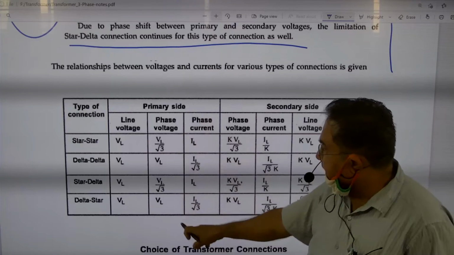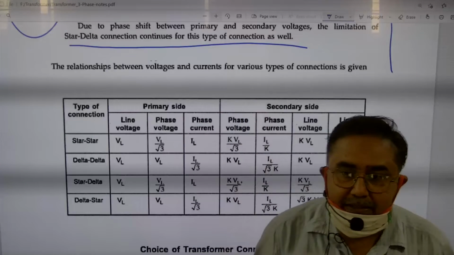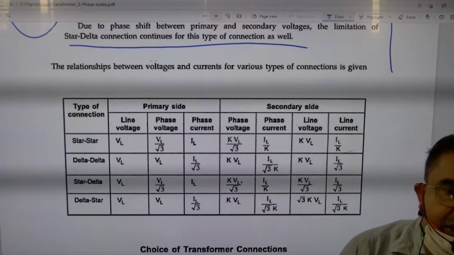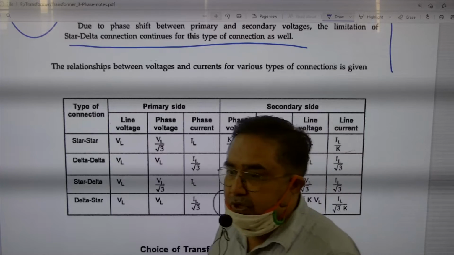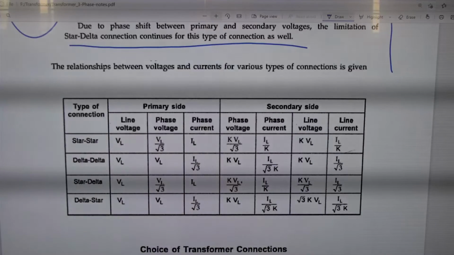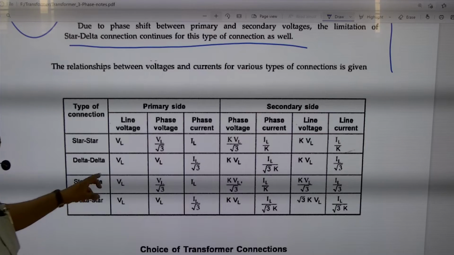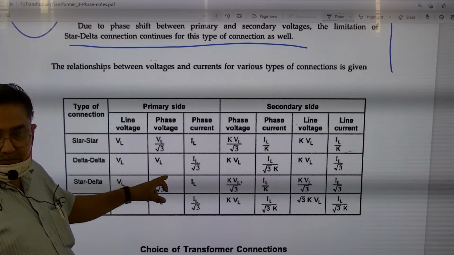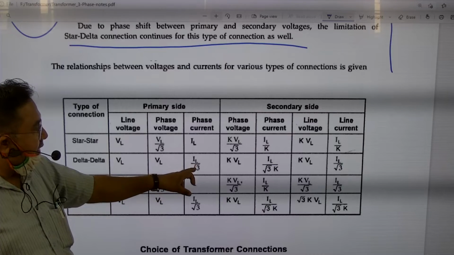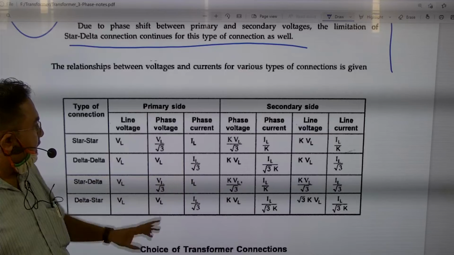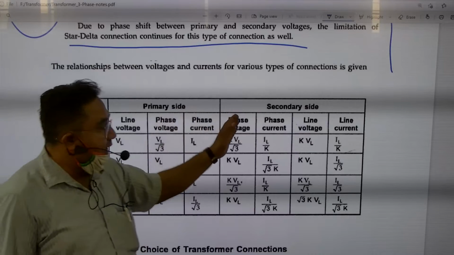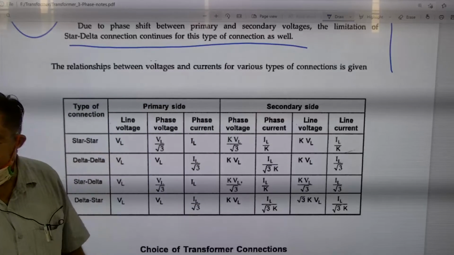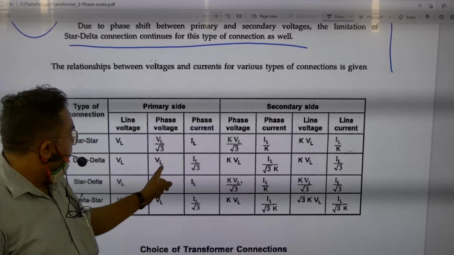Similarly, this table you can remember. Just logic is there. You need not cram it. It will be on your tips if you know the relationship between voltage and current in two types of connection, star and delta. Is it clear or not? So here VL, line current will be, sorry, phase current will be IL upon √3. Now phase voltage on the secondary side will be how much?